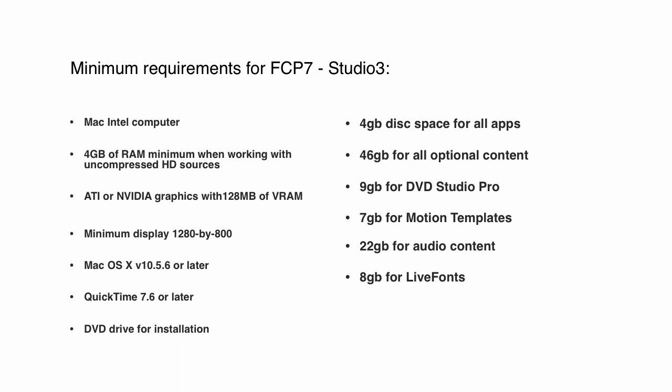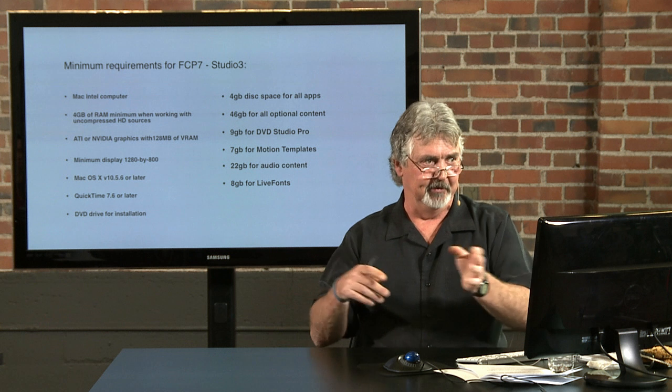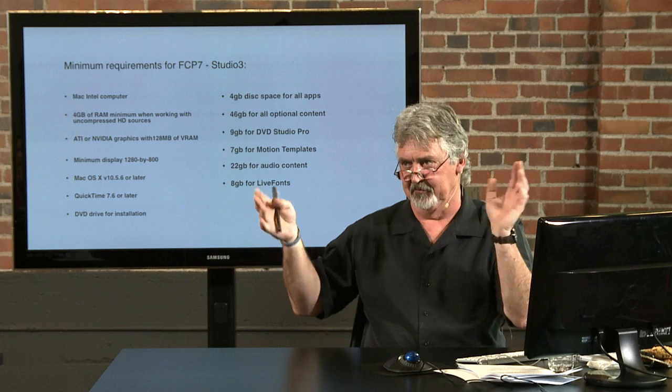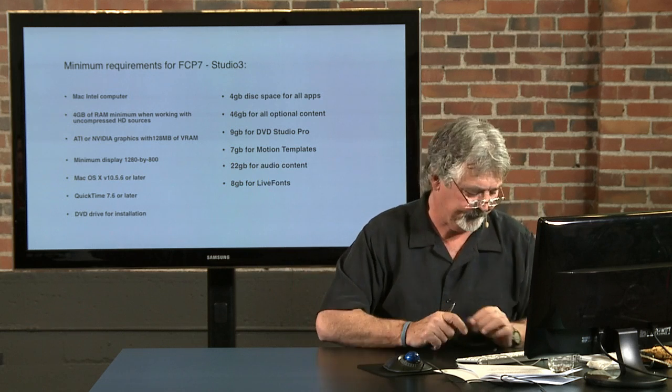Look, I'll let you form your own opinion about those and whether they're worth 22 gigs or not. And 8 gigabytes for those cool, fun live fonts in Motion. You'll definitely want those when you move over to ESPN and you're doing all their titles and stuff. You'll need those.